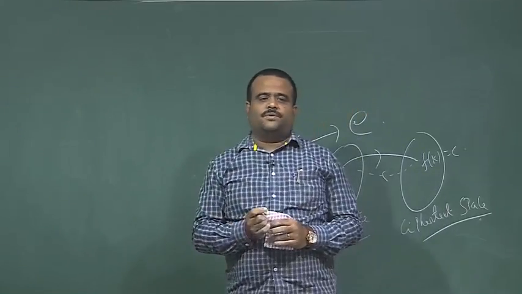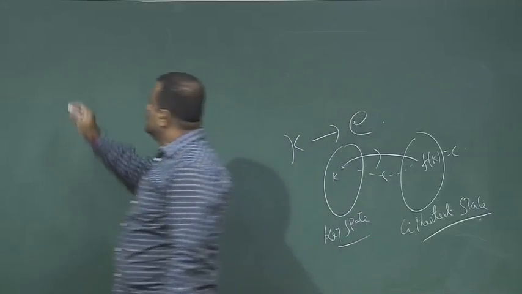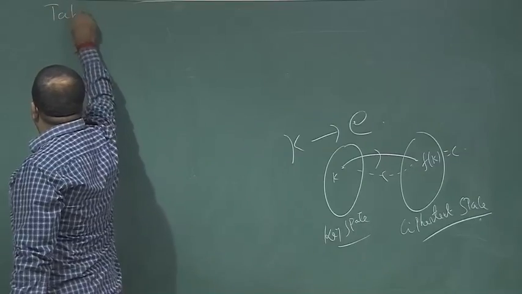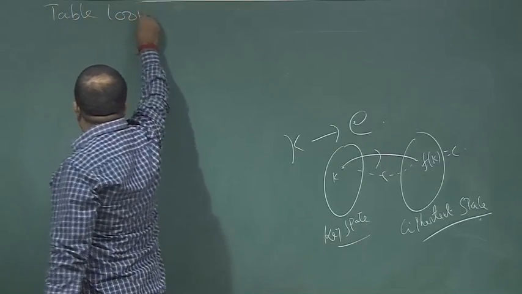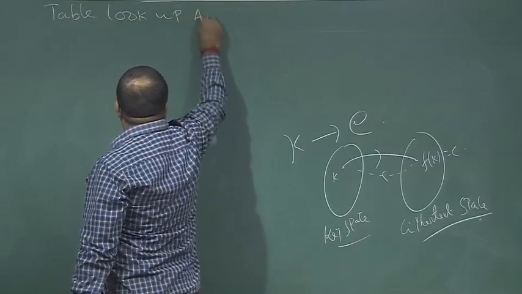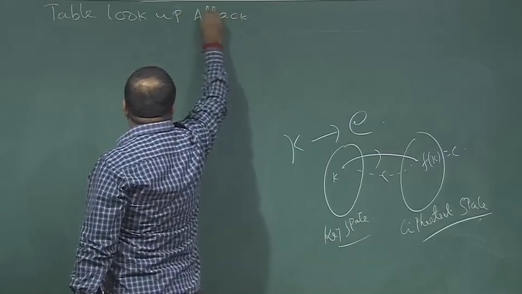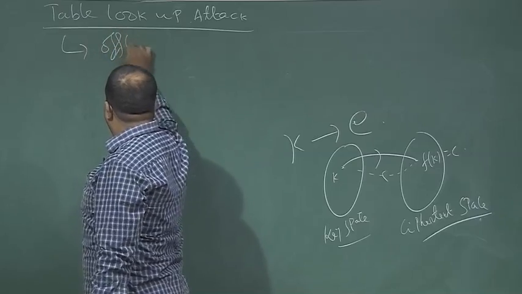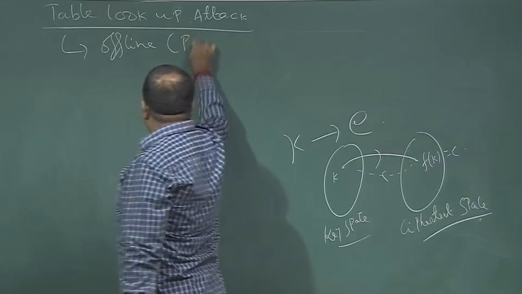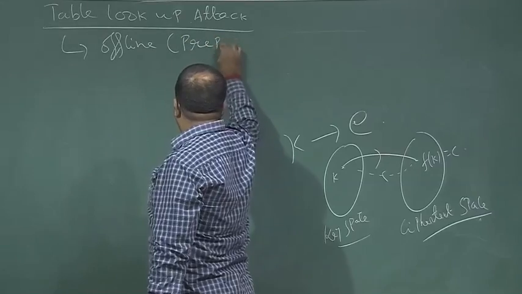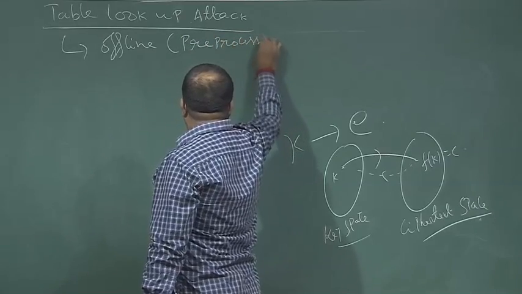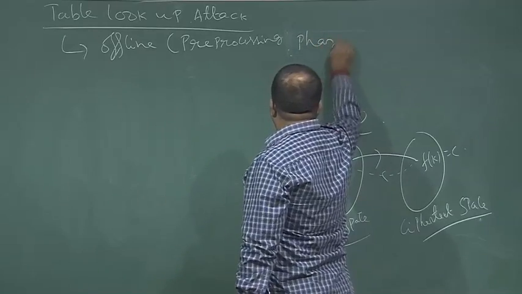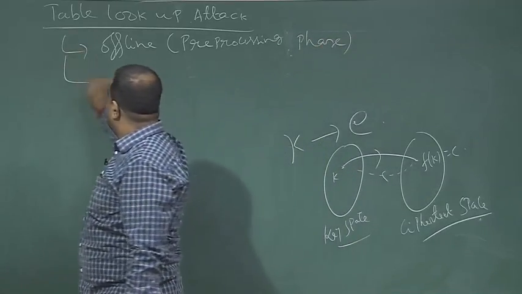So, this has two steps: one is the offline or pre-processing phase, and another one is the online attack.